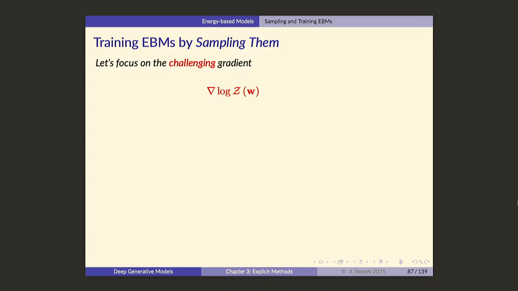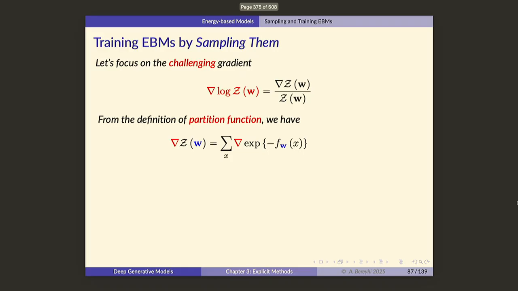What is the derivative of log x? One over x. So if I have the log of a function, how can I write the derivative? The derivative of the function divided by the function itself. So I'm going to write it down: the gradient of the partition function divided by the partition function. Clear. Good.